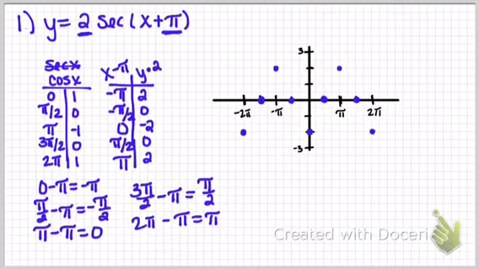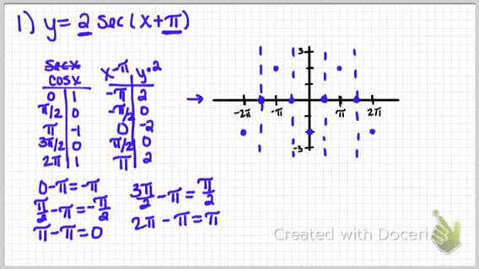So there's my points. But remember with secant, the middle row of points, wherever it's at, is where my asymptotes are going to be. So I'm going to draw in my vertical asymptotes here. And then remember, the reciprocal, because the secant says that the top points are going to go up.